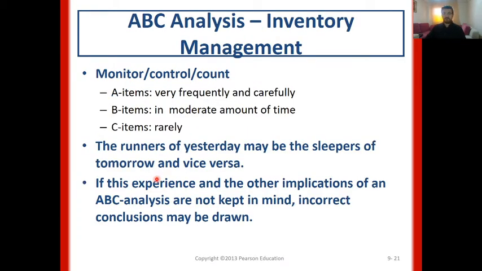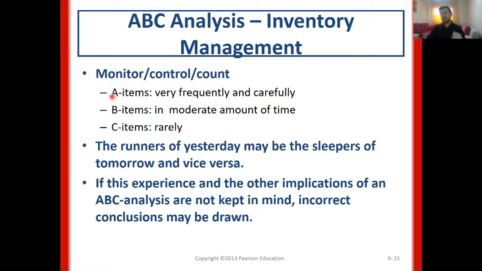From the perspective of inventory management, A items usually refer to SKUs that should be monitored or controlled or counted more frequently or carefully than others. So these are critical items for inventory management. We should monitor them carefully, and we should monitor them frequently.